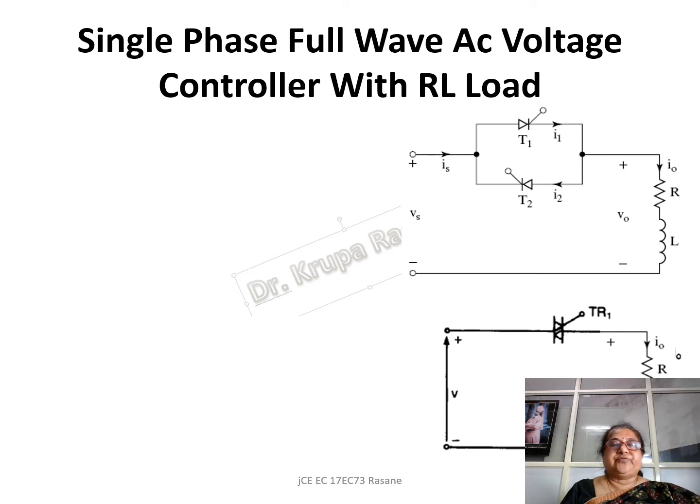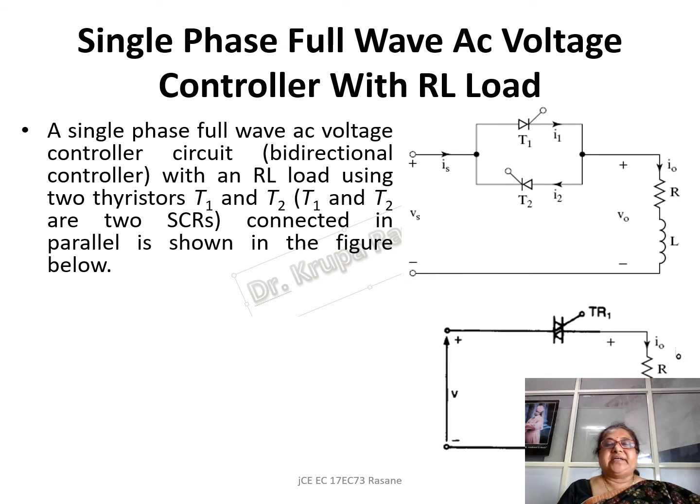So just to brief you, a single phase full wave AC voltage controller with RL load. In this case, we are looking into a circuit which has a fixed AC input and a variable output. The load consists of basically R and L. The control is done using two anti-parallel SCRs or a single triac.